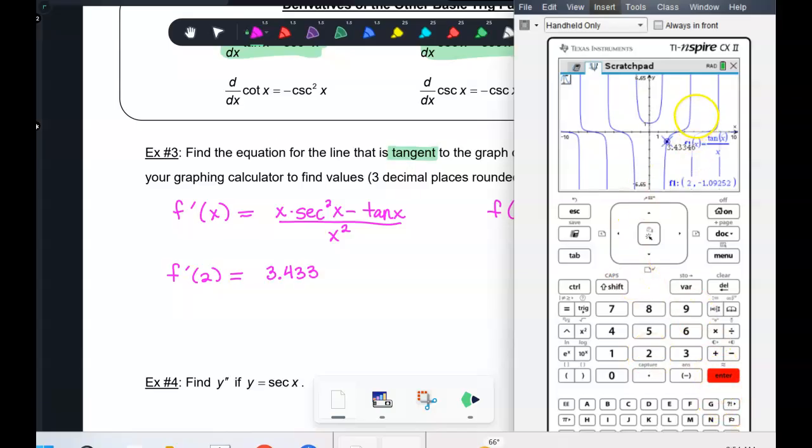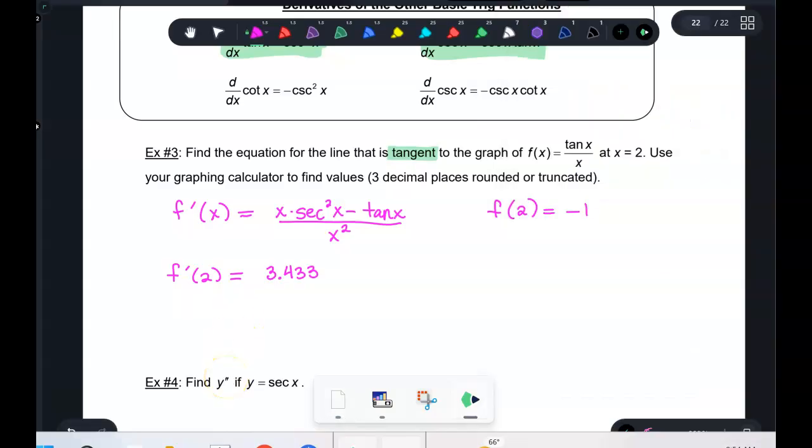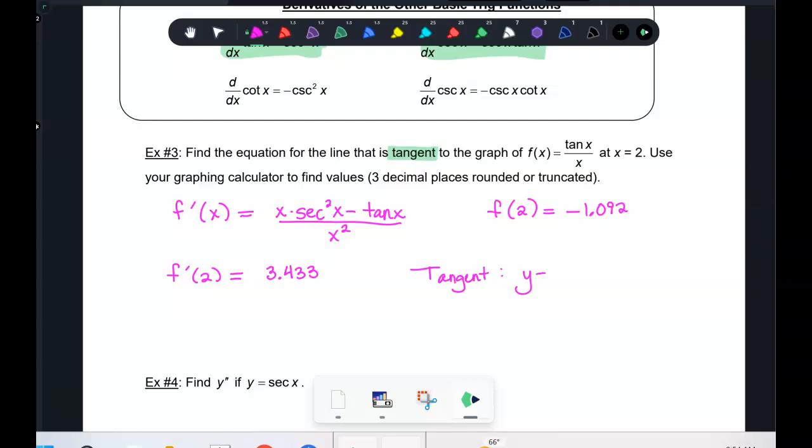Negative 1.092. So my tangent line is good.